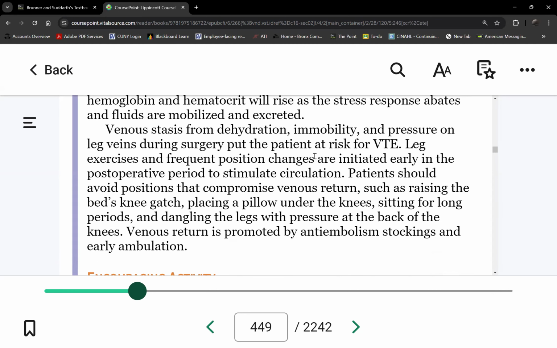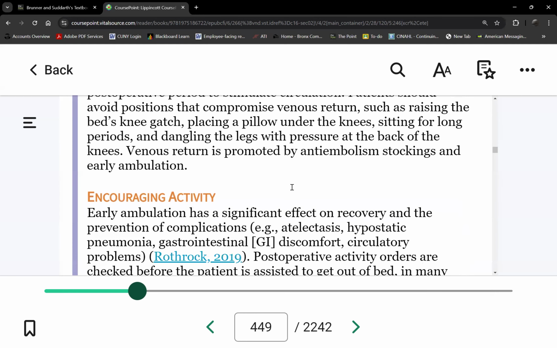What are our preventions for DVT besides early ambulation? So you have pharmacologic, which are your low molecular weight heparins or unfractionated heparin, or the SCDs, right? So you have SCDs, non-pharmacologic as well.